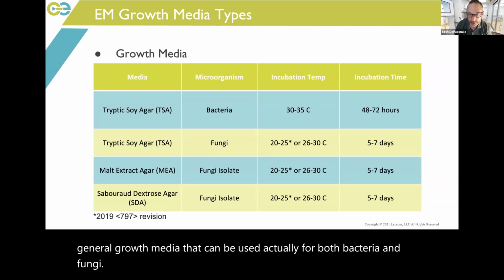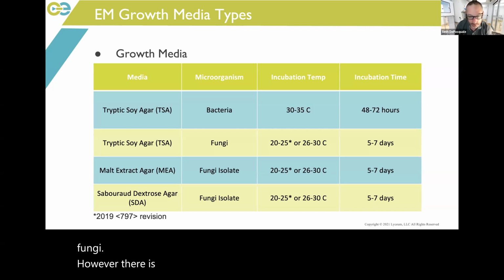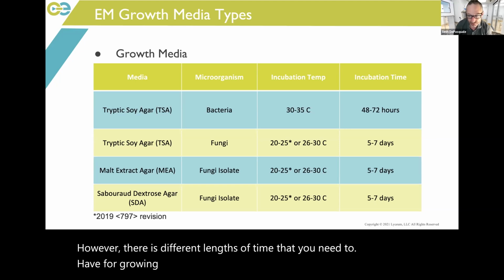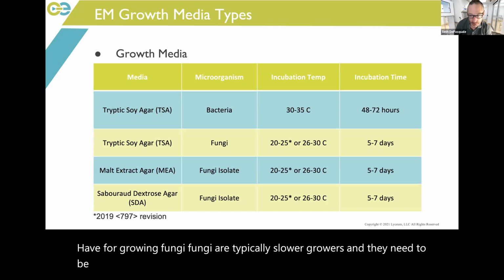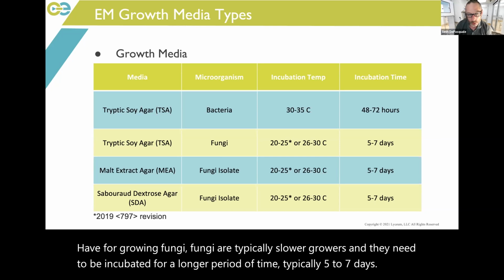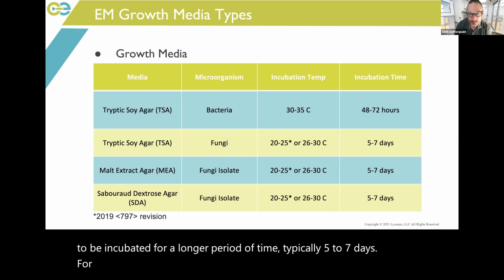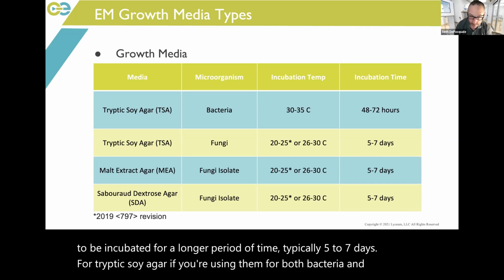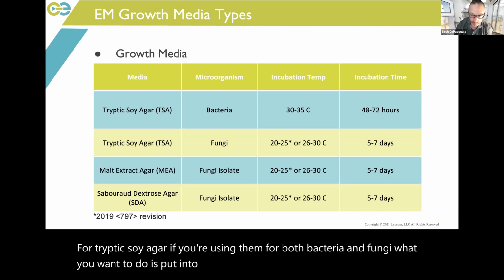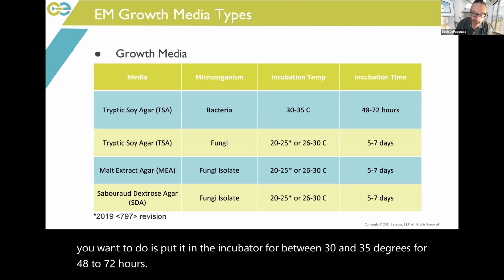However, there are different lengths of time that you need for growing fungi. Fungi are typically slower growers, and they need to be incubated for a longer period of time, typically 5 to 7 days. For tryptic soy agar, if you're using it for both bacteria and fungi, you'll want to put it in the incubator between 30 and 35 degrees for 48 to 72 hours, and then take it out of that temperature.